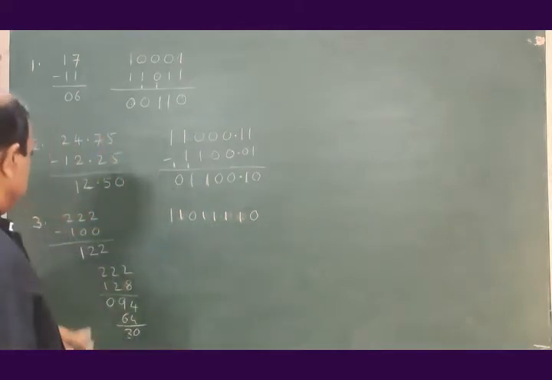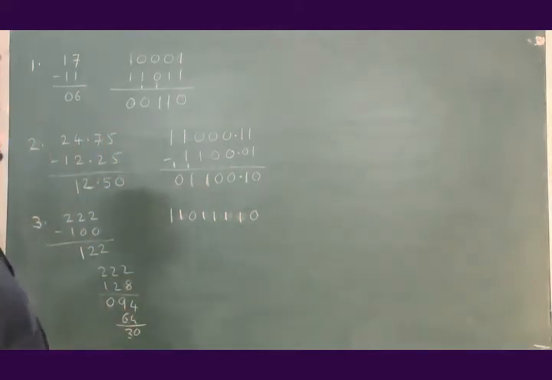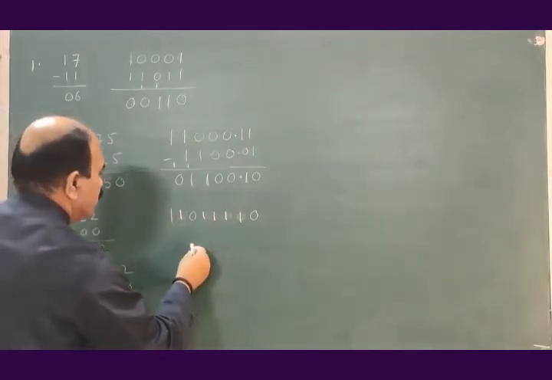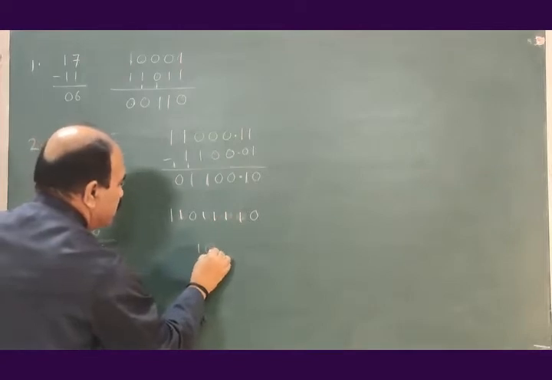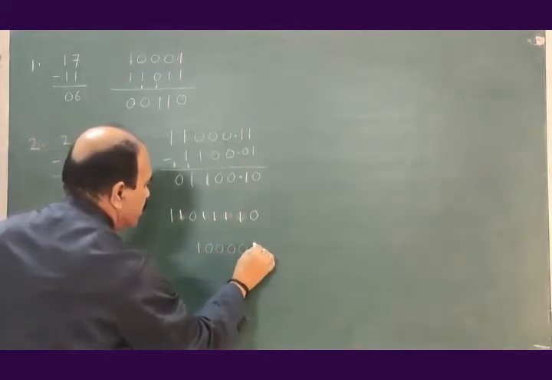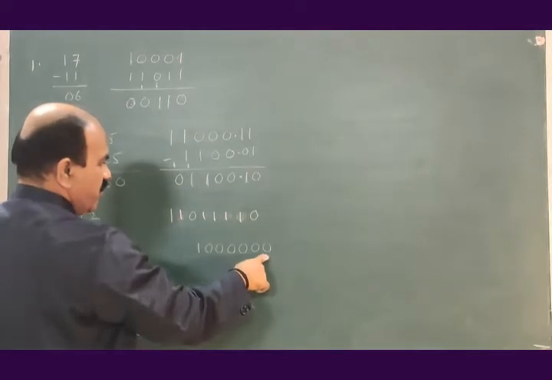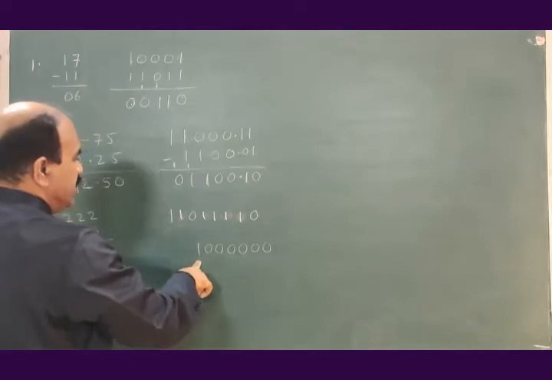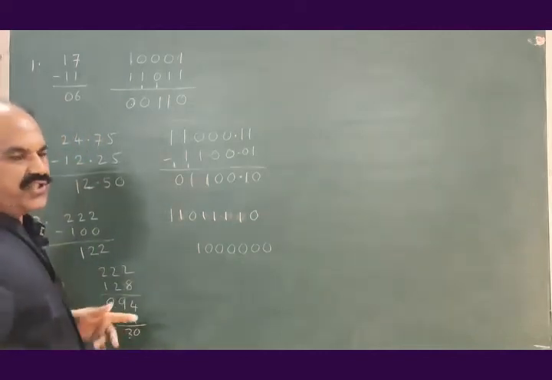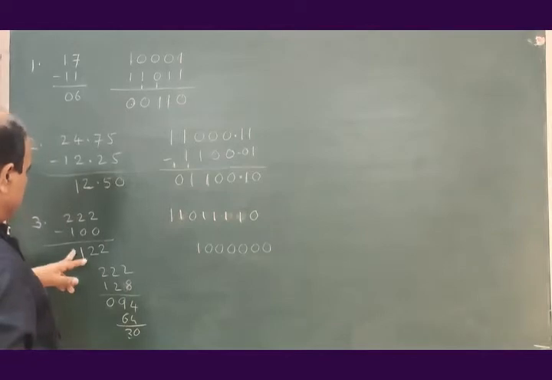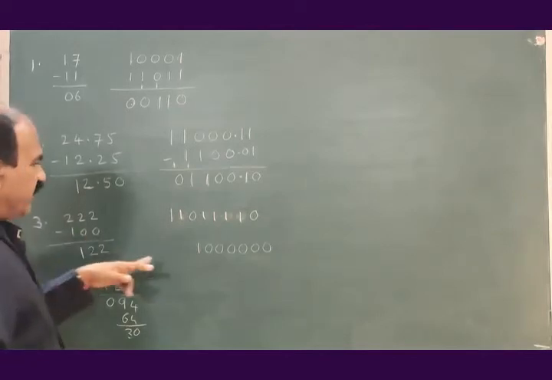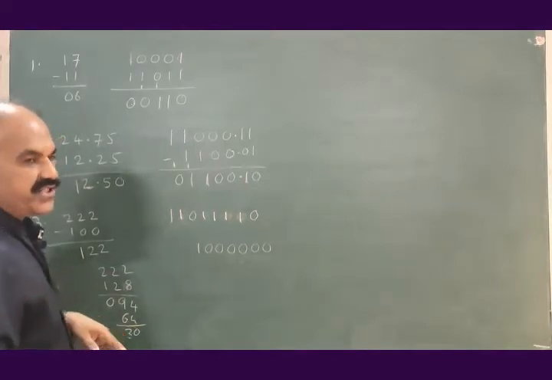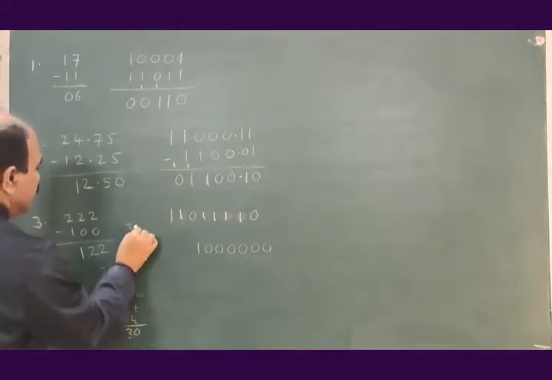After that, let us go for 100. To go for 100, we have to first go for 64, that is 1, 0, 0, 0, 0, 0, 0, to the power 0, 1, 2, 3, 4, 5, 6; to the power 6 is 64. From 100 we have taken 64, and 100 minus 64 is 36.